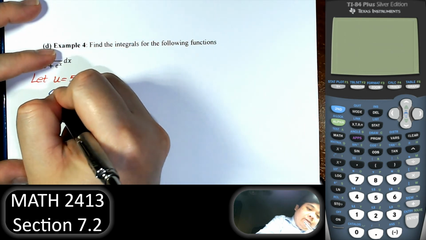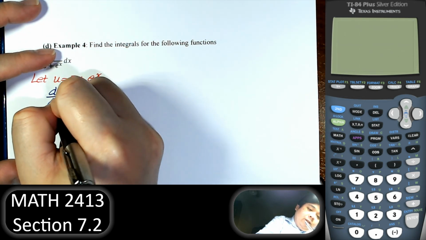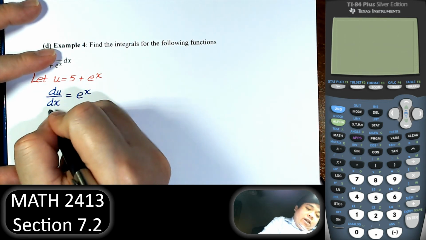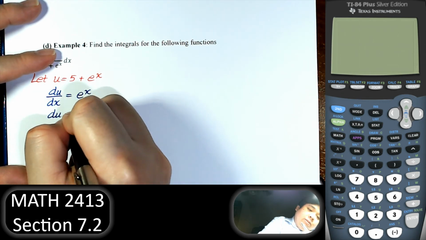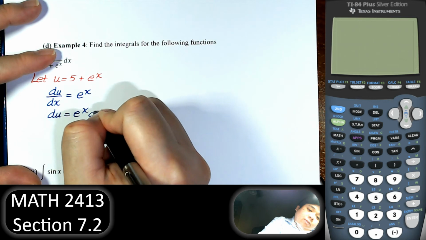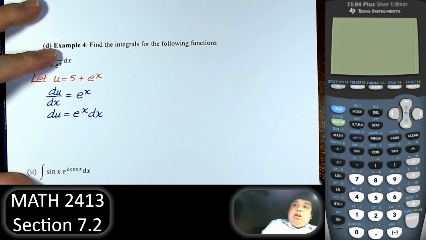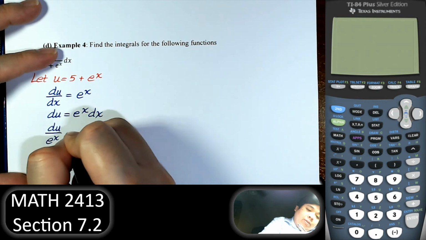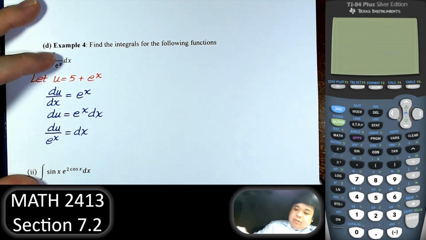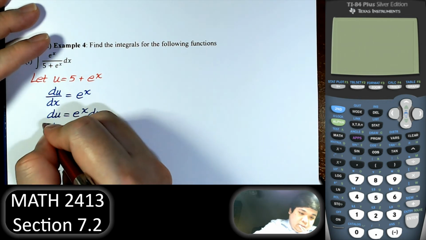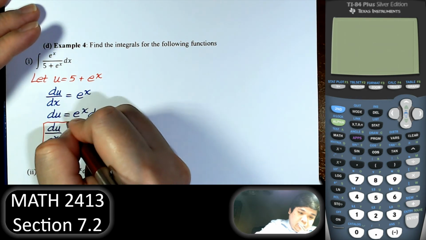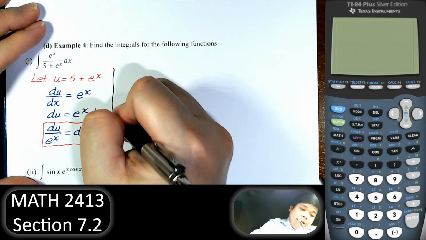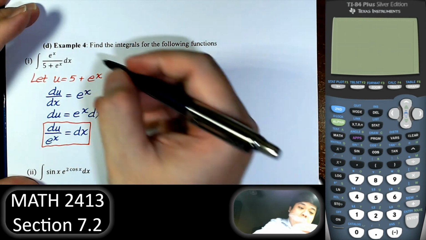So the derivative is e to the x, so du equals e to the x dx, and dx is du over e to the x. And then substitute back into our problem.